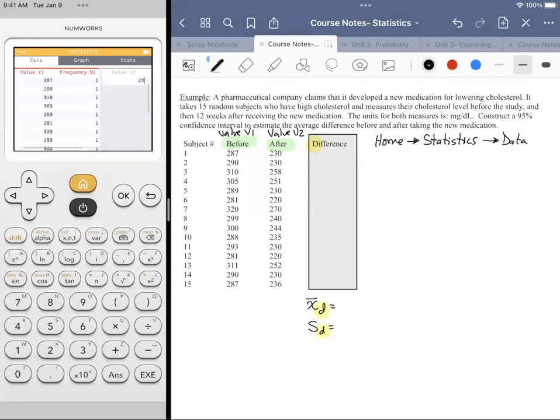All right, so value V2: 230 twice, 258, 251, 230, 220, 270, and so on.